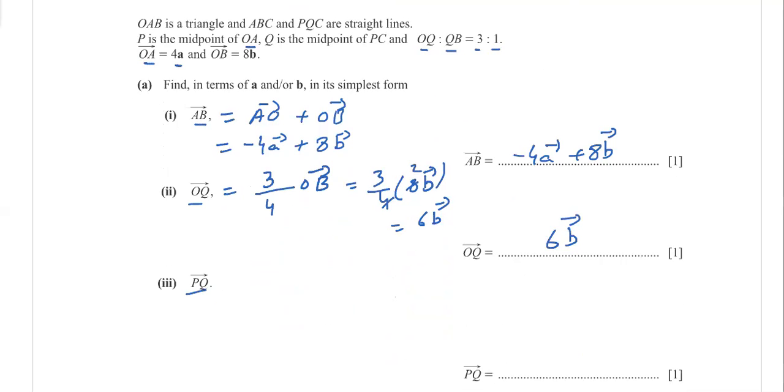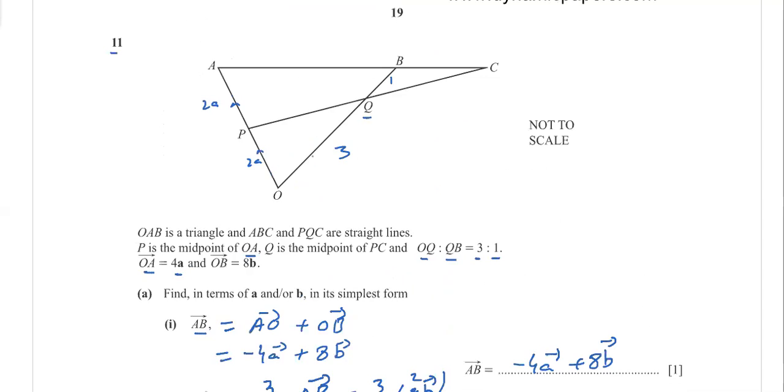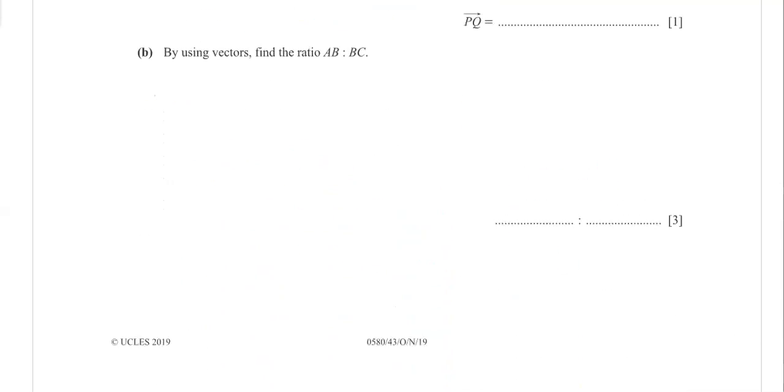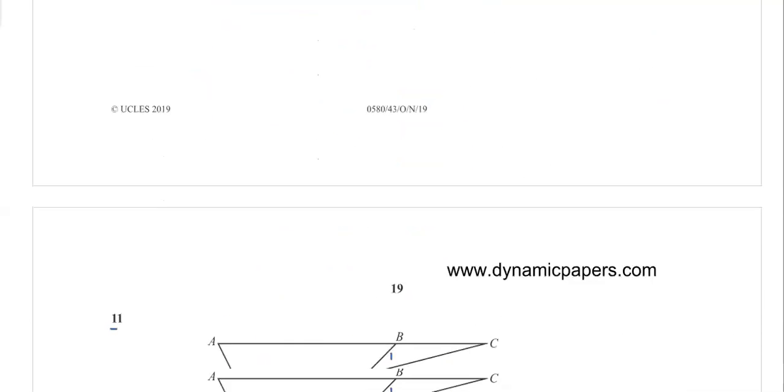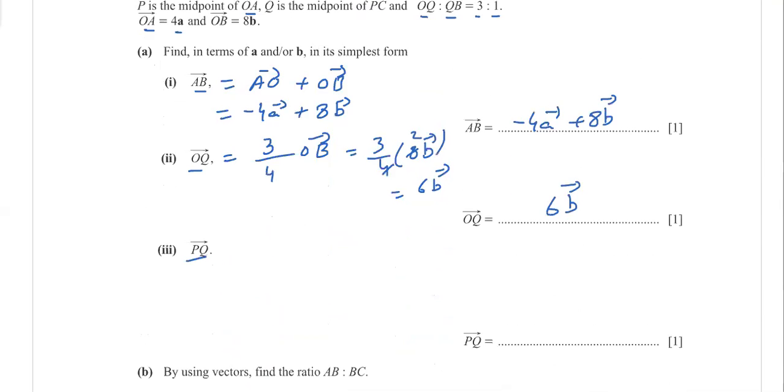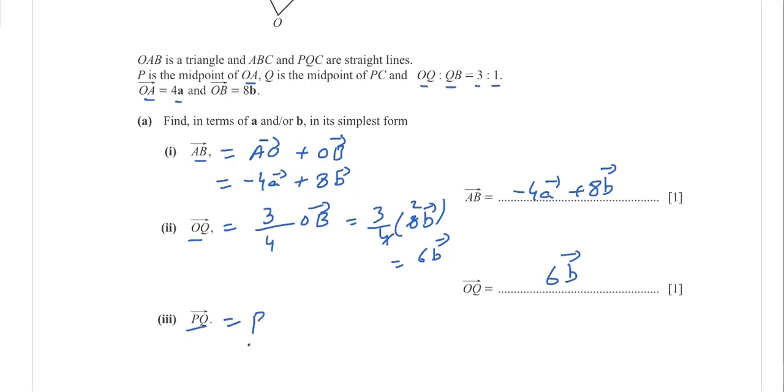To find the PQ, consider this triangle. It will be PO plus OQ. PO is minus 2A plus OQ, and OQ we found right now is 6B. So we found PQ.